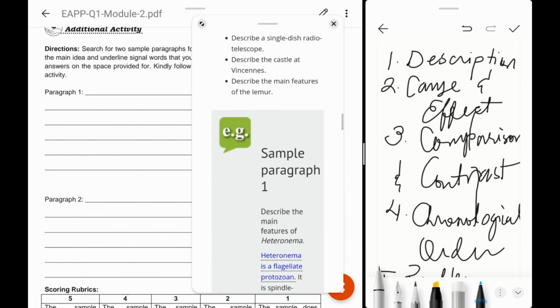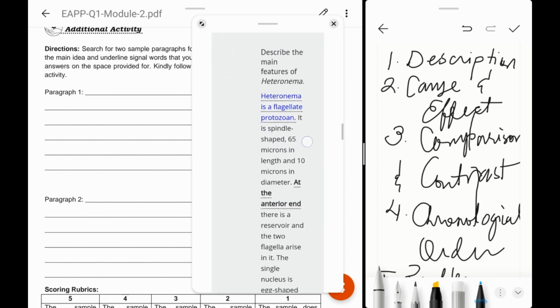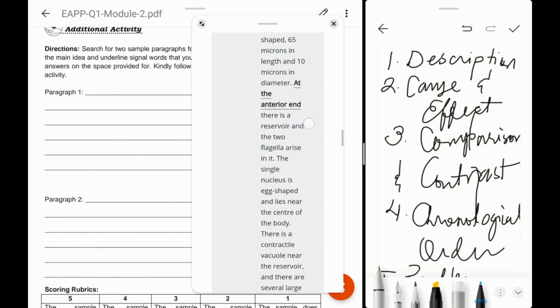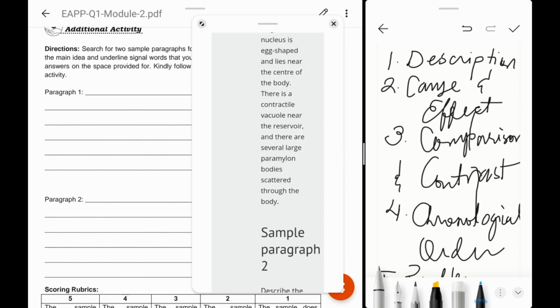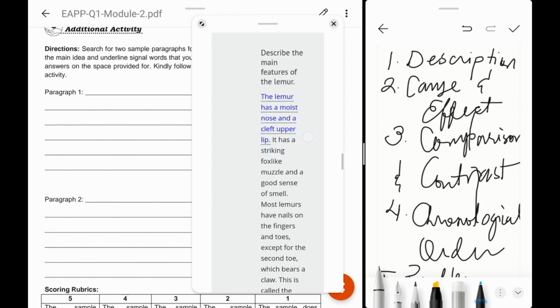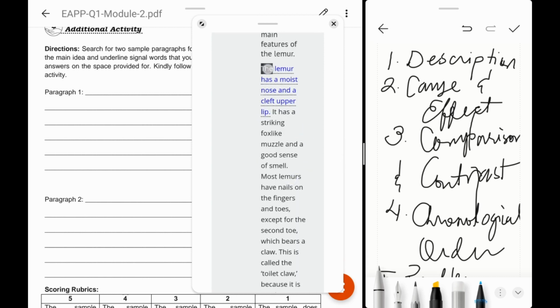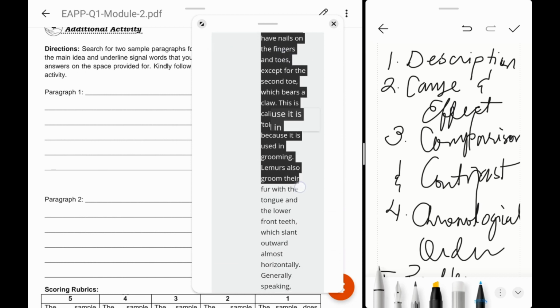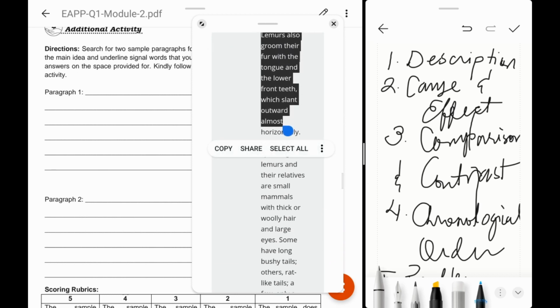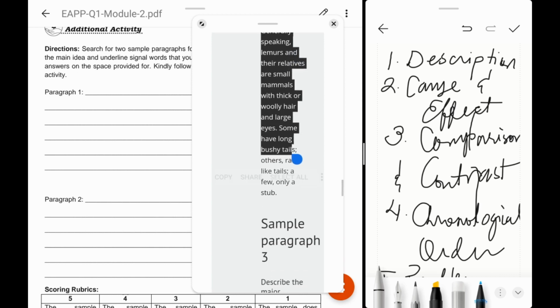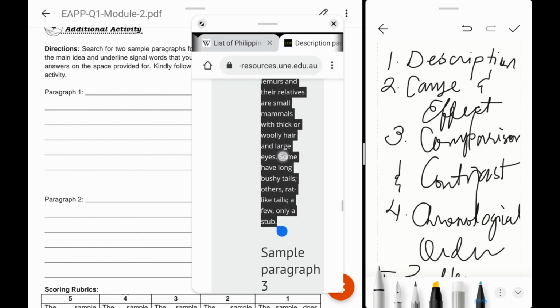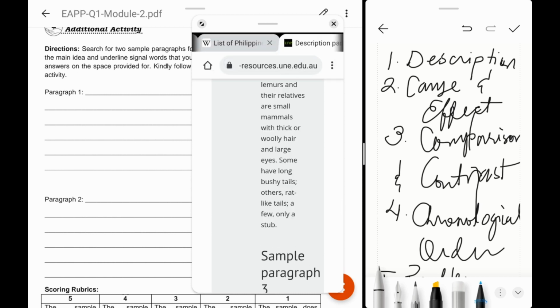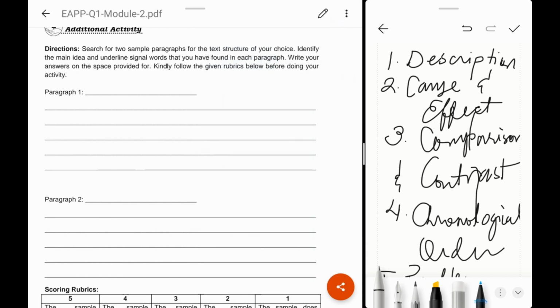Let's have a sample. I think this is a very long paragraph. Yeah, you just have to copy the paragraph and then write it on your paper.